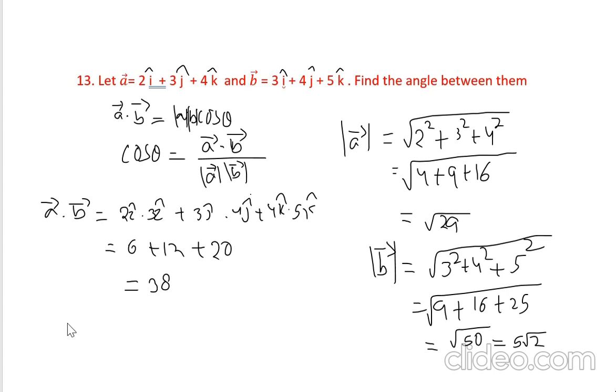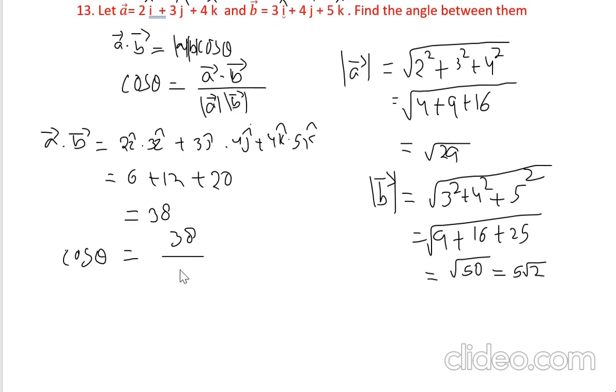Now the angle: cos theta is 38, because A dot B is 38, divided by the magnitude of the A vector, which is root 29, into the magnitude of the B vector, 5 root 2.